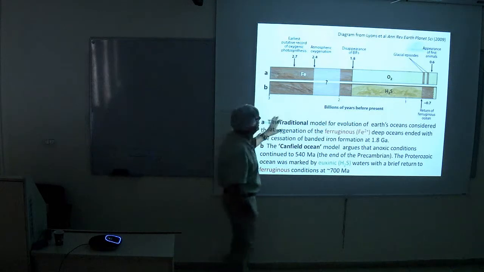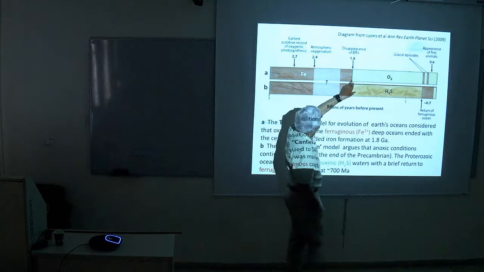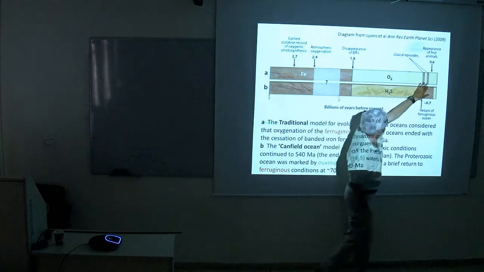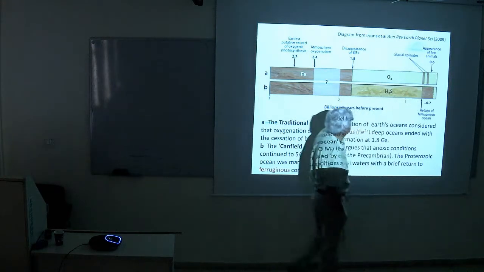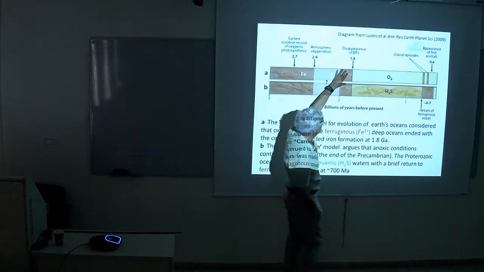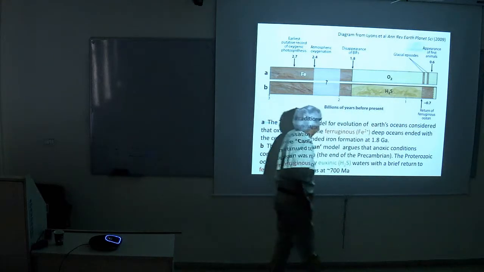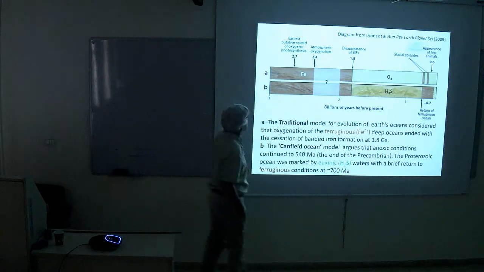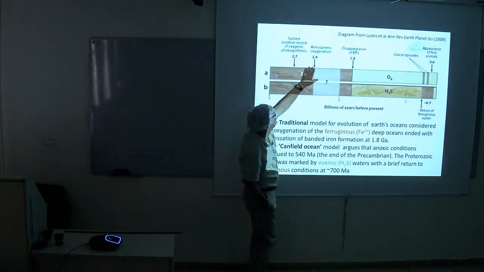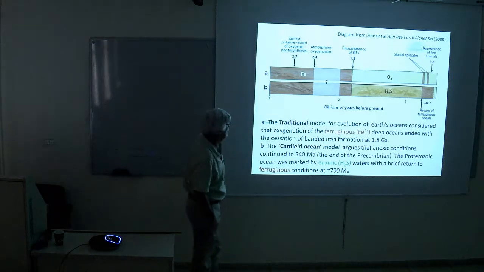But then, at the cessation of banded iron formation, apart from a little bit connected with snowball Earth episodes in the late Cambrian, it was thought that with the rise of oxygen in the atmosphere, the oceans became oxygenated. The rise of oxygen in the atmosphere had occurred about 2.4 billion years ago.